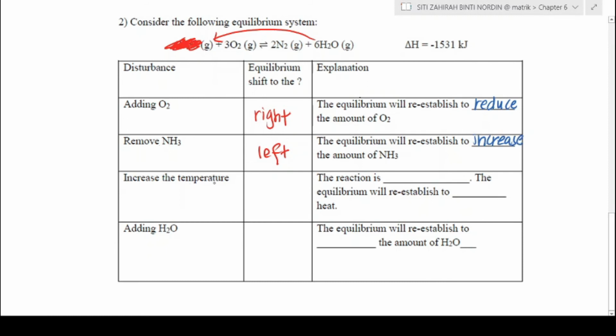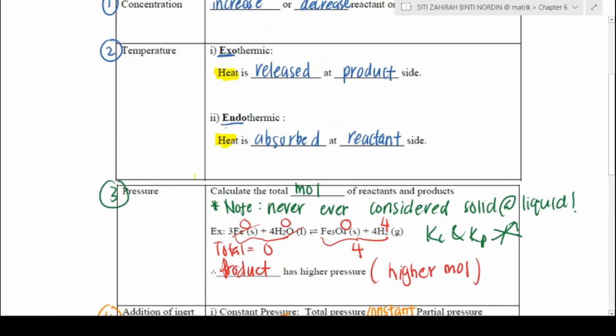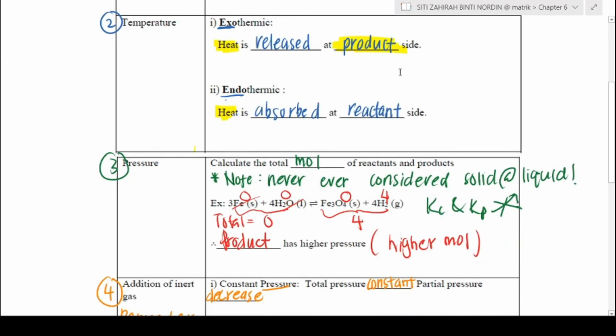Increase the temperature. The question will tell you whether the reaction is endothermic or exothermic. This is negative, which means this is an exothermic reaction. Refer back to my note: exothermic means we are releasing heat at the product side.